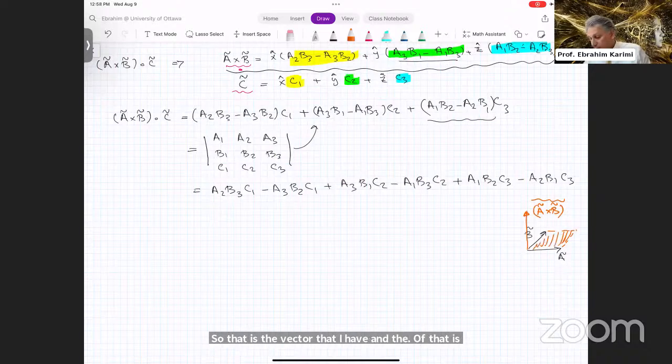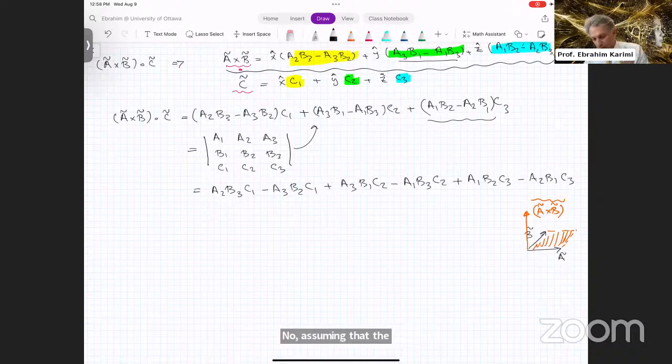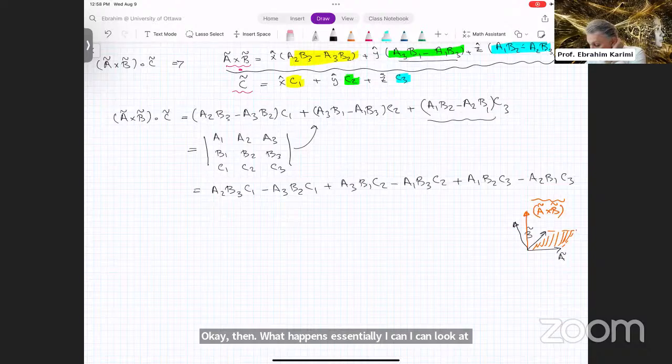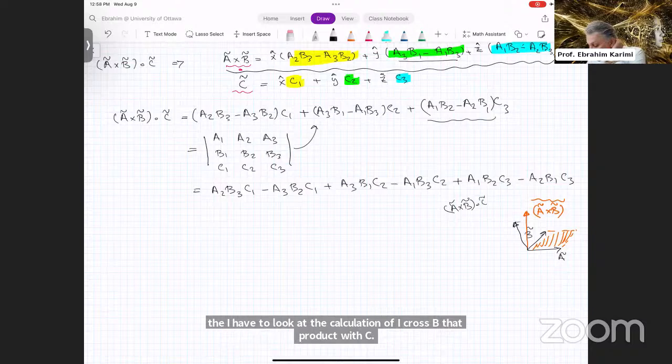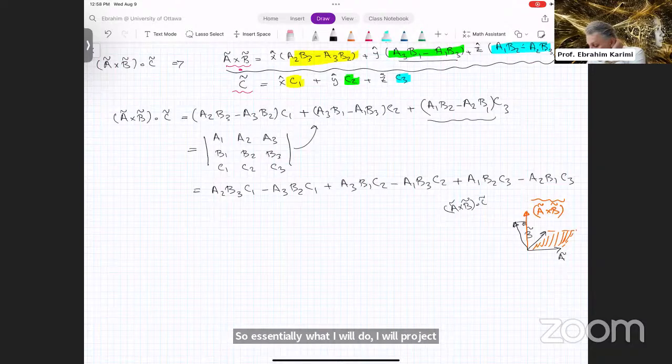Now, assuming that the vector C is not in that plane, or is given here, like this way. Then I have to look at the calculation of A cross B dot product with C. Essentially what I will do is project these, where the angle is let's say alpha.